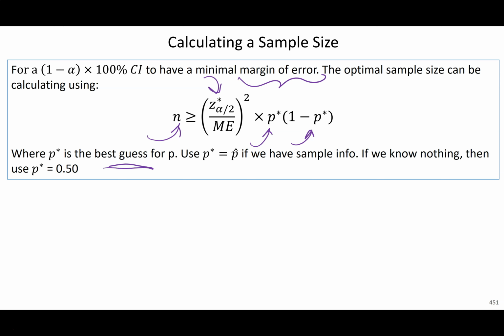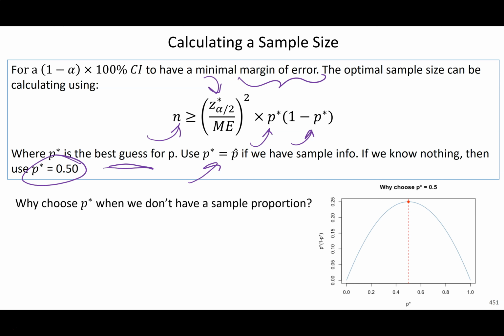So if you have sample information, use p hat. If you have p hat, use p hat. However, if you do not know anything about it, if somebody said, hey, I really want to estimate the proportion of this, and they give you no additional information, the most conservative guess for P star is going to be 0.5.